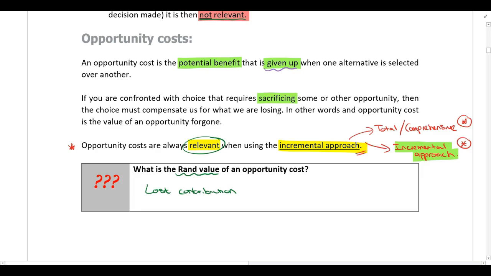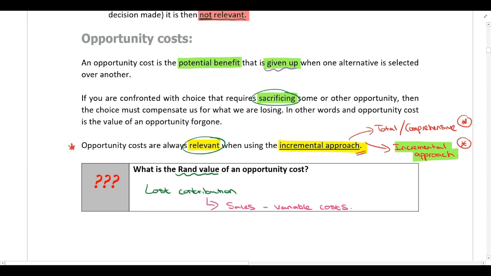So it is the contribution that I am losing out on or sacrificing by selecting one alternative over another alternative. What is contribution? Please remember, contribution is just my sales less my variable costs. And that is always how we work out the rand value of an opportunity cost.